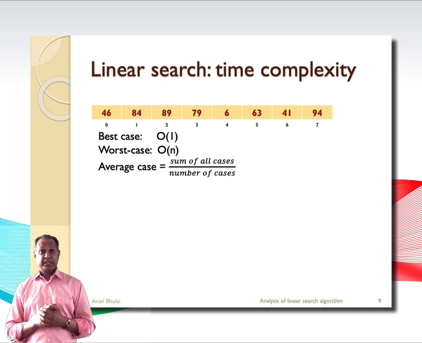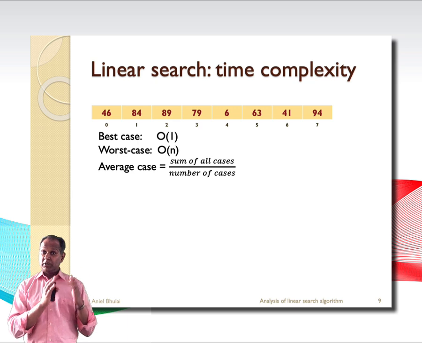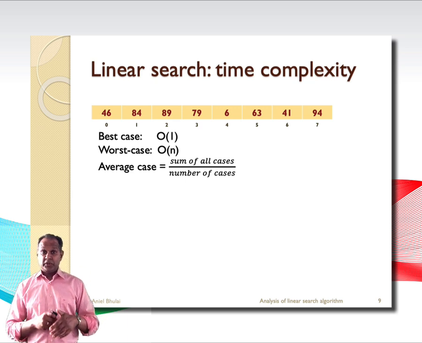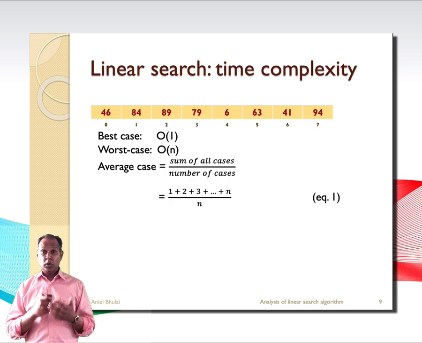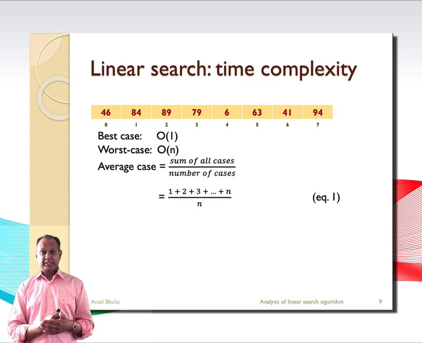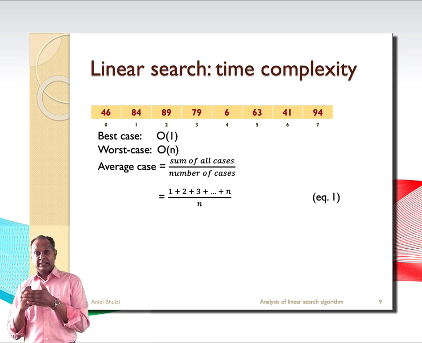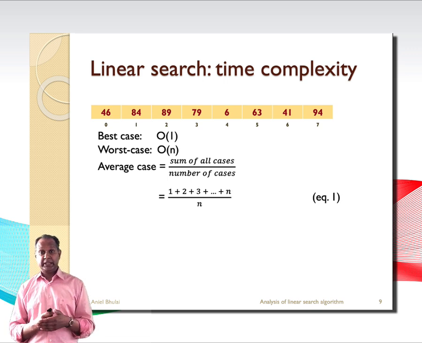The time complexity for the average case is calculated as follows. For the average case, we divide the sum of all the cases by the number of cases. So if the key is at index number 0, we just need one comparison to find the key. That is just one case. The second case is that the key is present at index number 1. Now we need two comparisons to find the key.